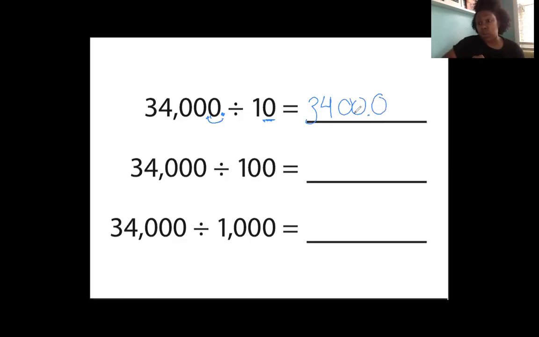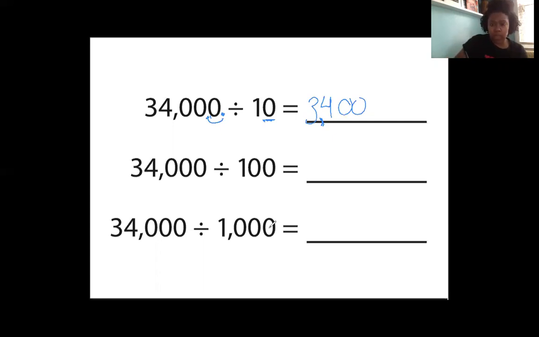But we know that when we have a whole number and all that's behind that decimal is zeros, we can actually get rid of those. We don't need those. So I'll get rid of that, and I don't need that decimal. So that is just 3,400, okay?